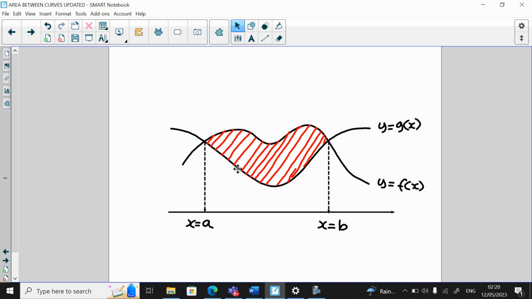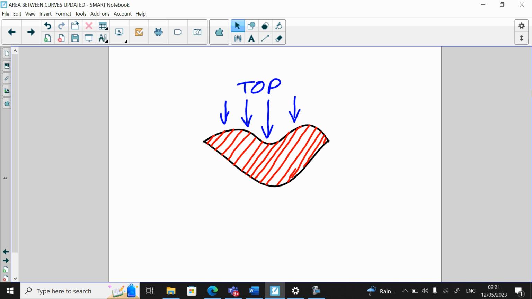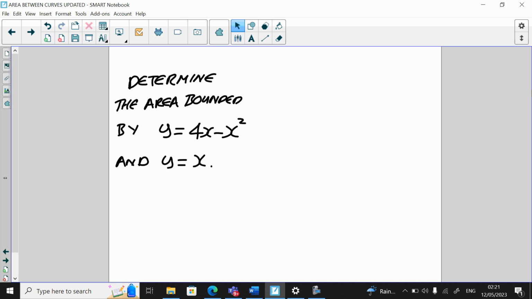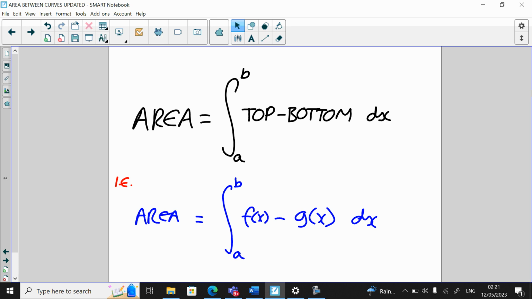And the bottom bound here, it's actually g of x. So that's why it was f of x, take away g of x. Just to be, you have more specific curves or equations, functions. Okay, right, so that's our general rule here.